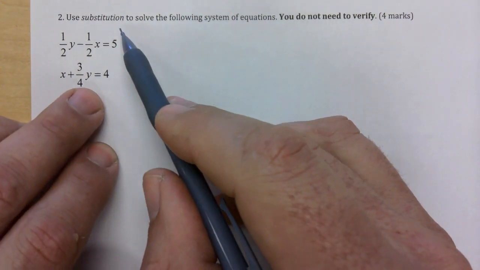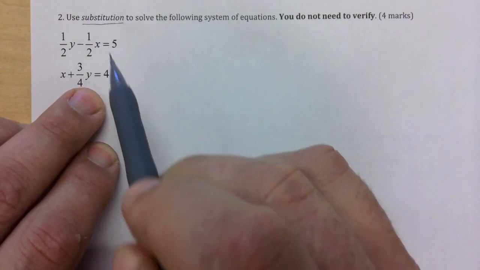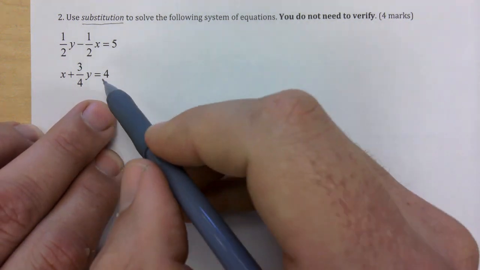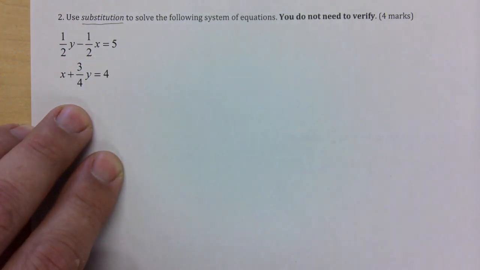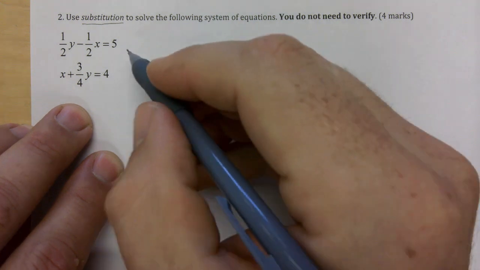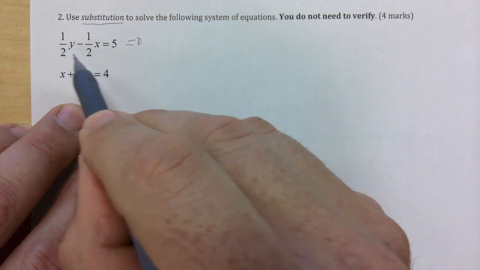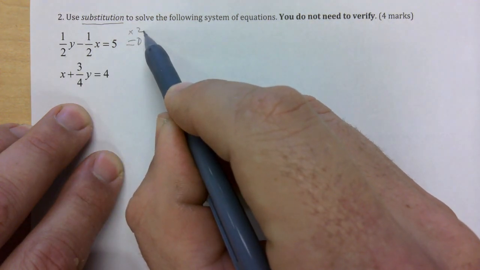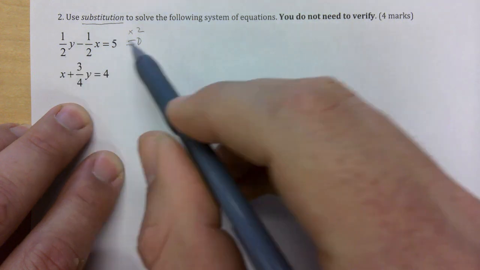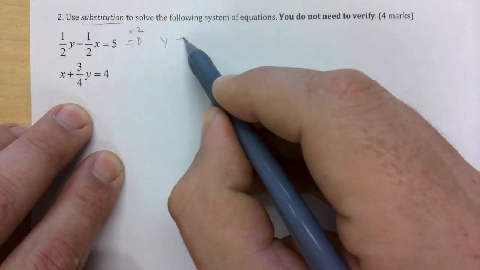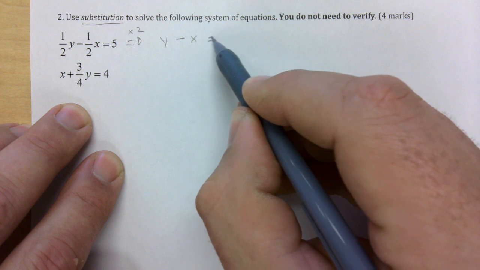And then number 2, I asked you to use the substitution method. When there are fractions, you can keep them, but I would strongly suggest getting rid of fractions. You multiply by the lowest common multiple of all the denominators. In this case, you take the first one, and there it's 2. You just multiply that by 2, and watch that you get y minus x is equal to 10.